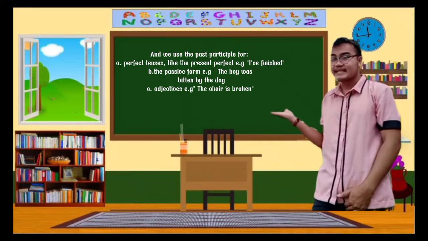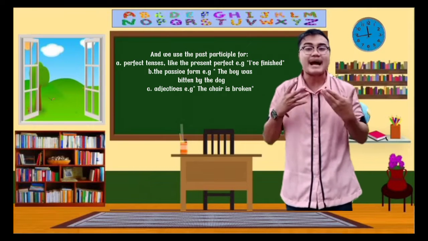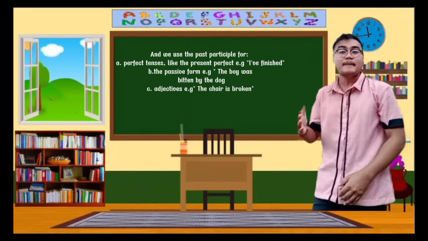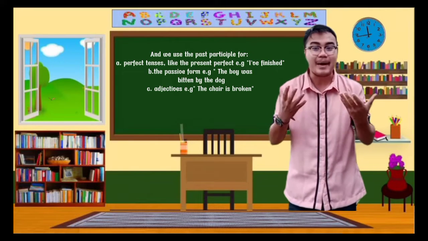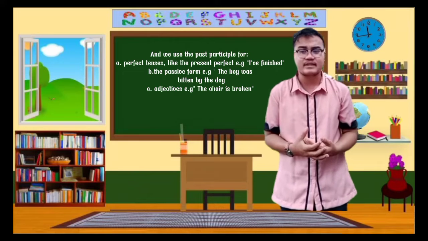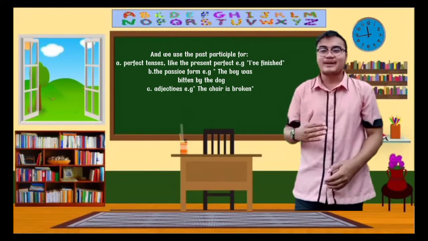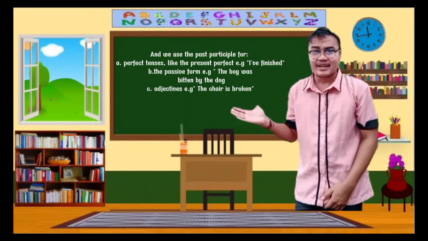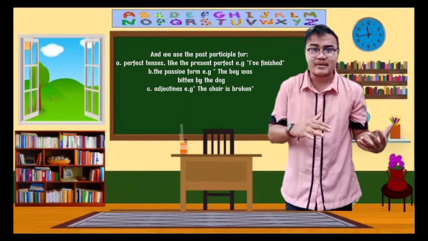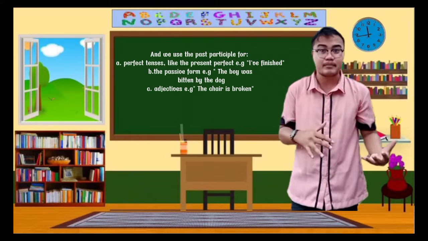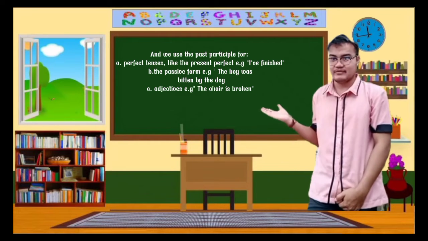So here in the sentence, the dog is acting upon the sentence subject, which is the boy, meaning it uses the passive voice. Adjectives. Example, the chair is broken. So, the chair is being described as broken. So, this is an example of past participle as an adjective.